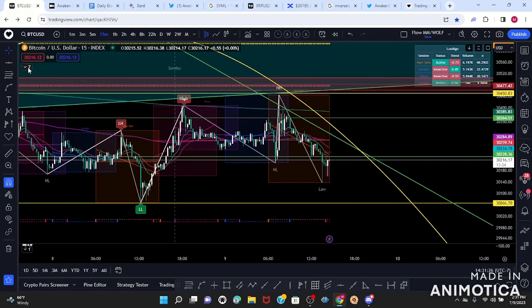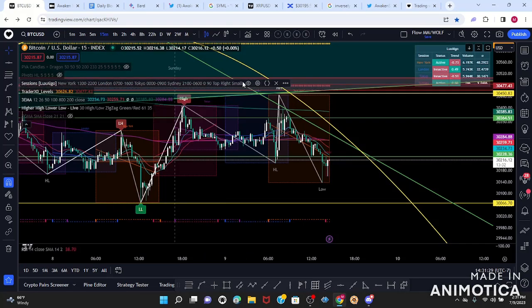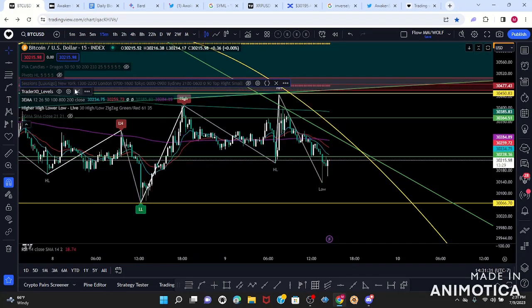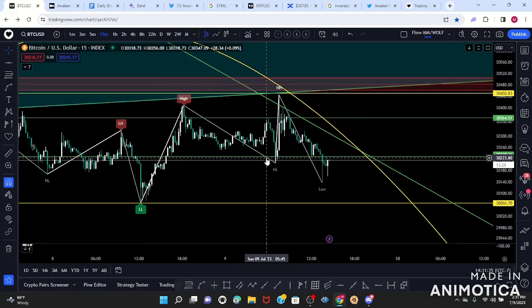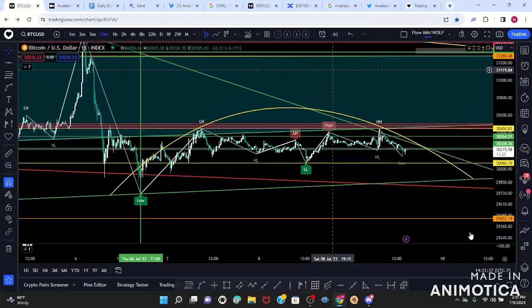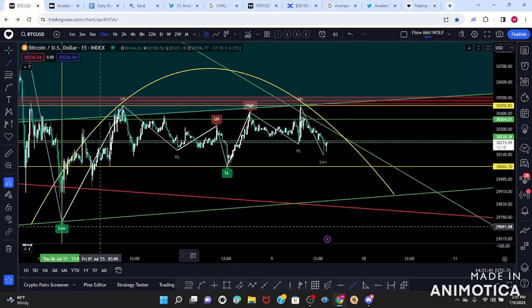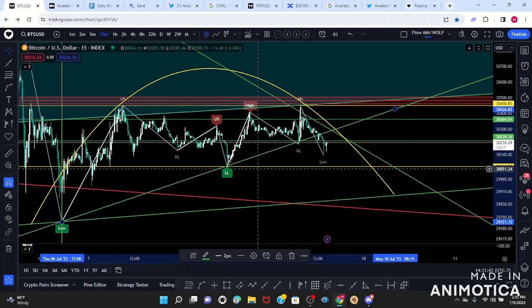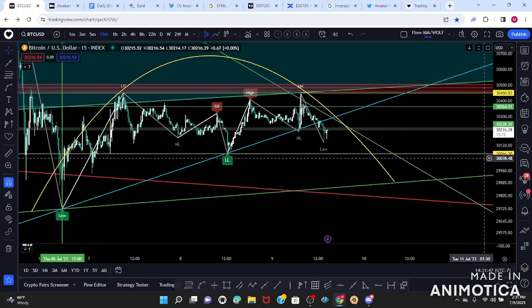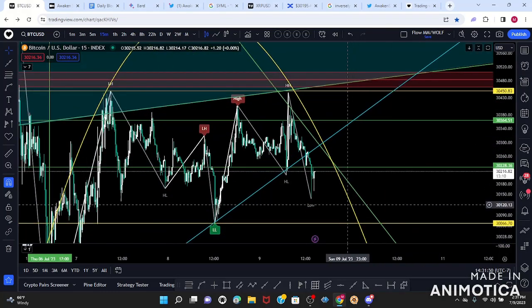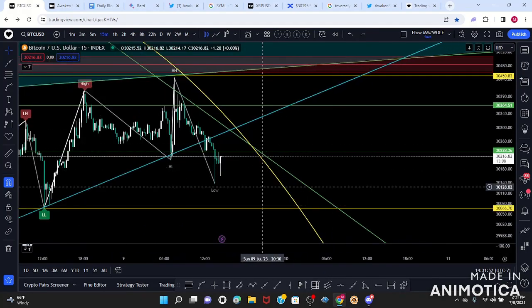So for me to enter right now, just looking at market structure, all the indicators except the higher high, lower low. If I think this is a bear flag, let me draw that trend line, because this is the bear flag. Right now I'm looking for a possible retrace.